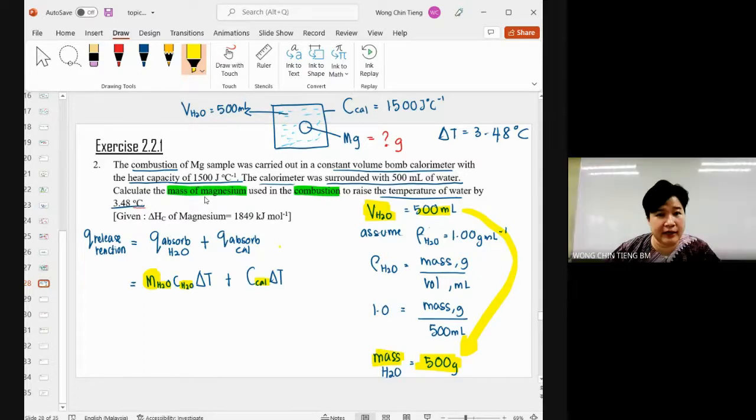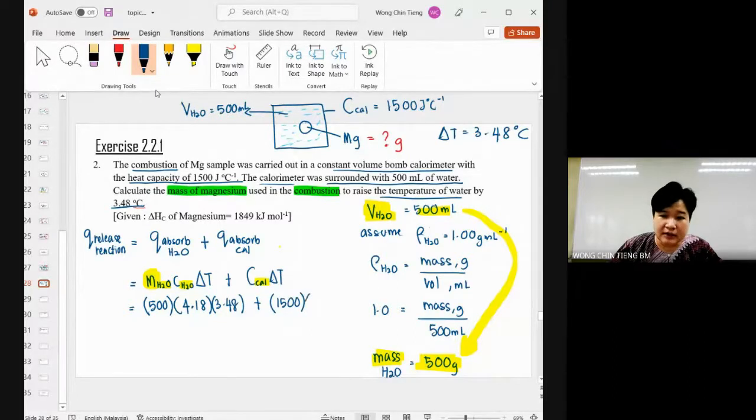Sure. Okay? So masukkanlah value sekarang. Tips also ya. Tips also tak habis lagi tips saya. That is my 500. Your C kecil untuk water standard 4.18. Saya akan bagi tahu 4.18 itu apa benda. Tambah dengan C besar 1500 just now. Delta T 3.48 as well.